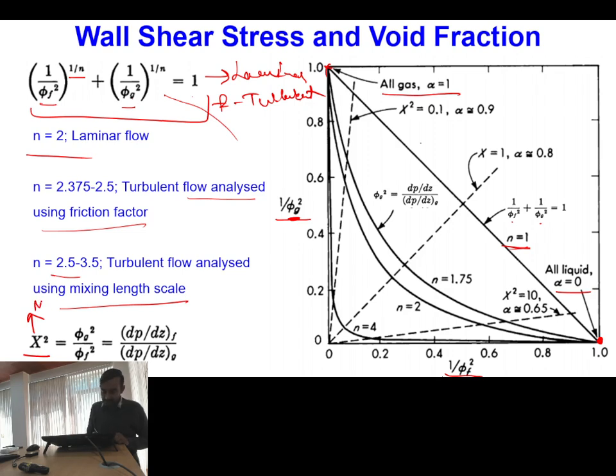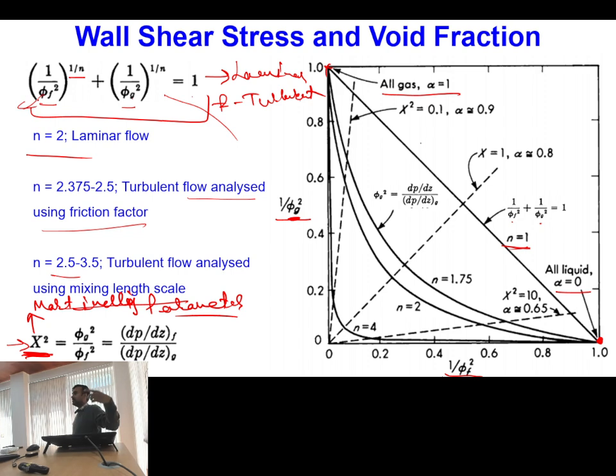This is called the Martinelli parameter. And the Martinelli parameter is defined as the ratio of phi g square by phi f square. Now if you know this value of the Martinelli parameter, and if you know the value of any one of these, either phi f or phi g, then you can easily calculate the value of the other parameter.